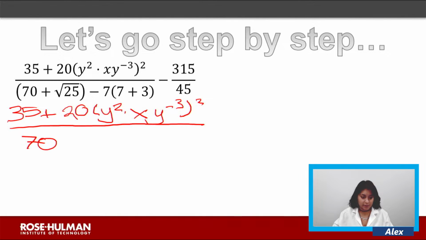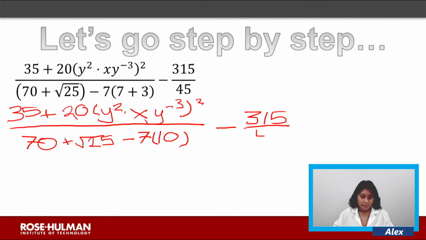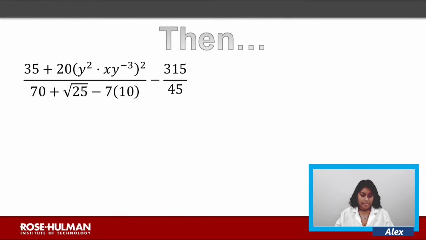So we have 70 plus root 25 minus our 7, and then we can deal with what is inside the parentheses and just go ahead and make that 10, which will make our calculations in the next step easier. So that's our first step done. Our next step would be to continue with the parentheses and go ahead and multiply this out to get 70.